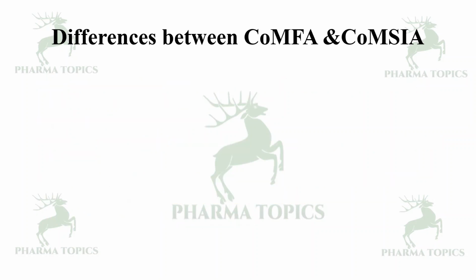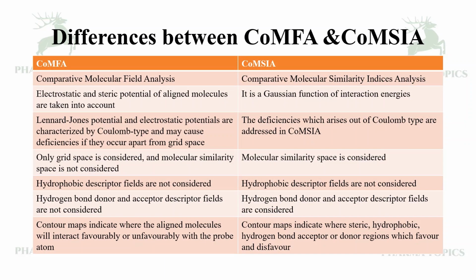So let us see what is CoMSIA, comparative molecular similarity indices analysis. What is the difference between CoMFA and CoMSIA? CoMFA is comparative molecular field analysis, whereas this is comparative molecular similarity indices analysis.